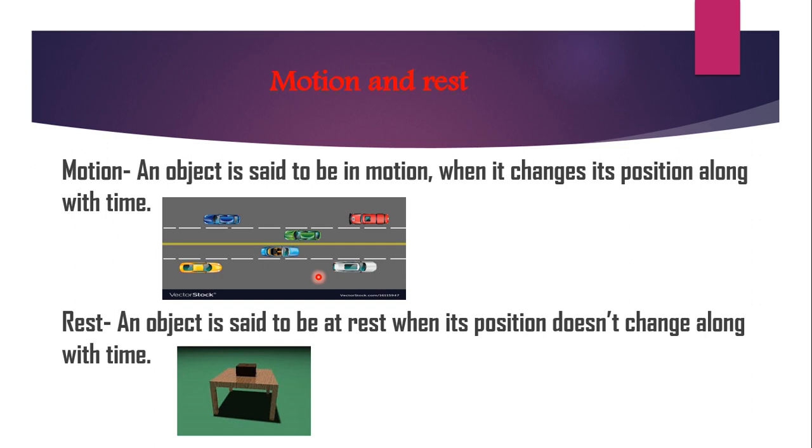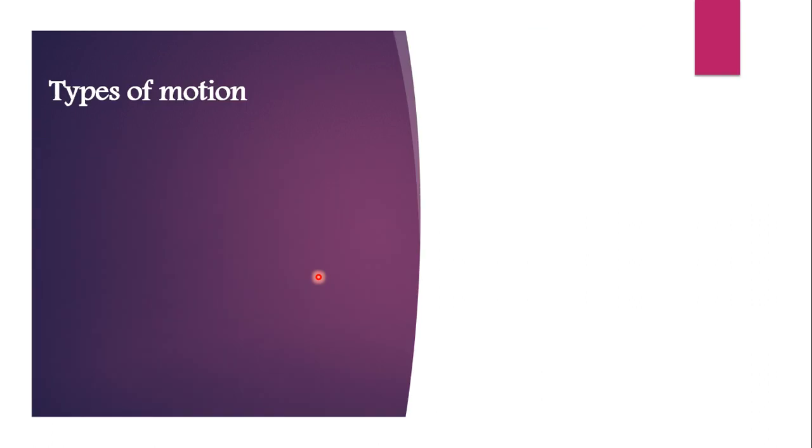Alright? After this, let's discuss types of motion. There are various types of motion though, but for the sake of this video, we will only discuss three types of motion. The first one is rectilinear motion. What is rectilinear motion?